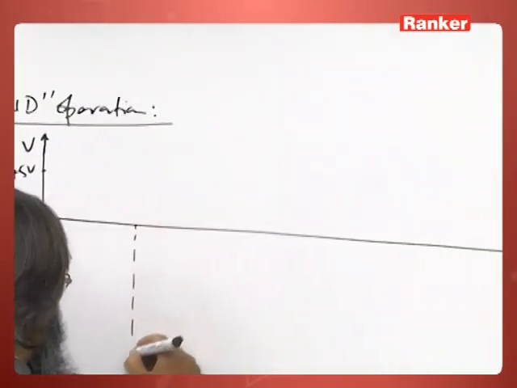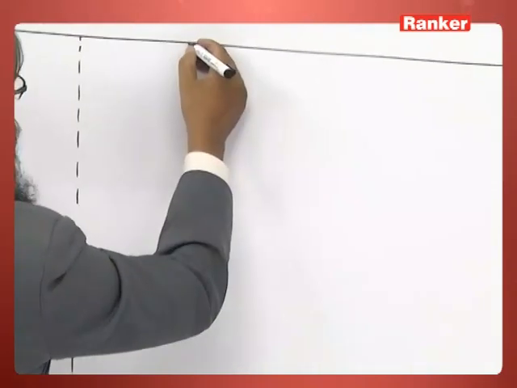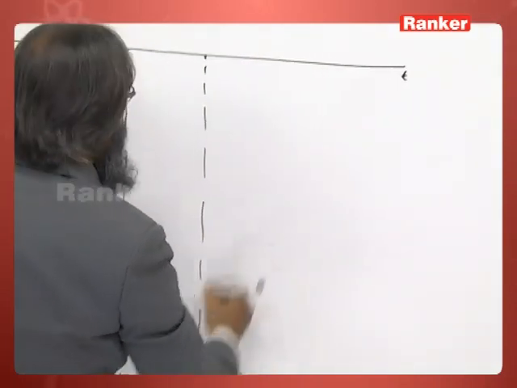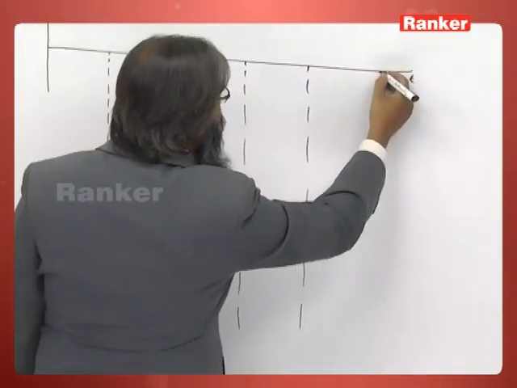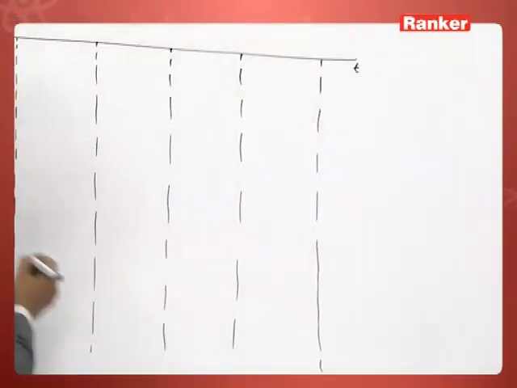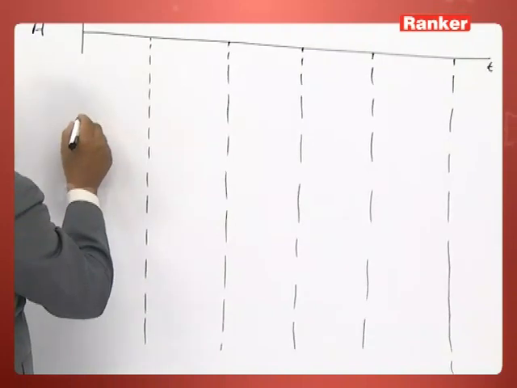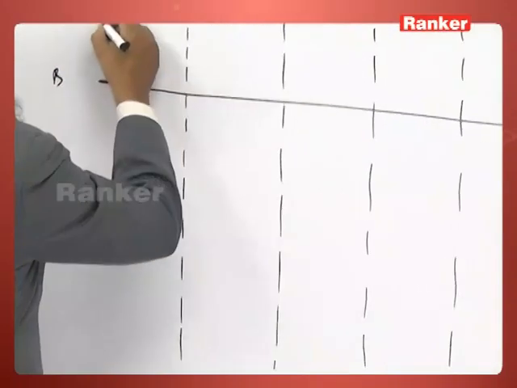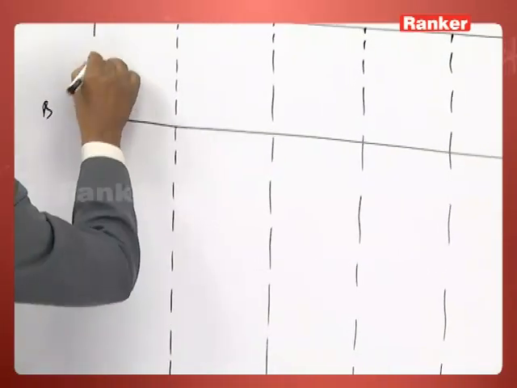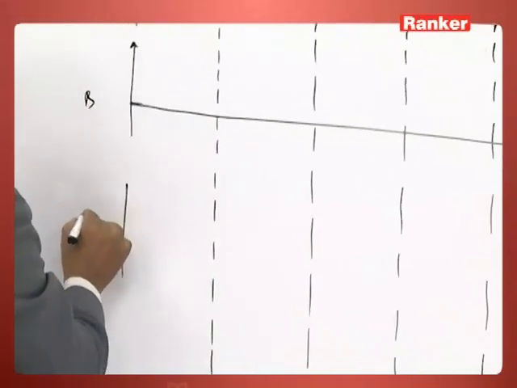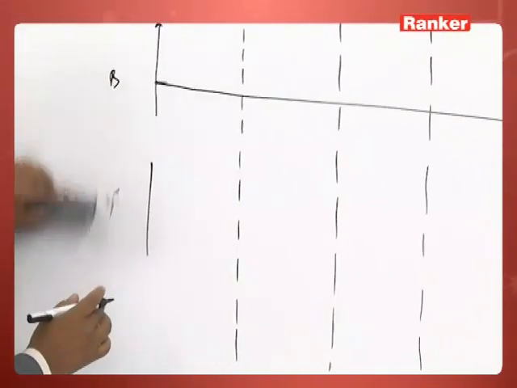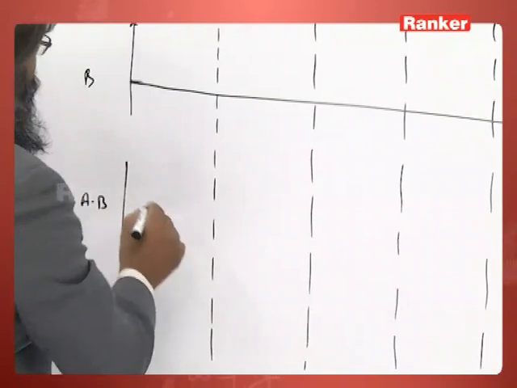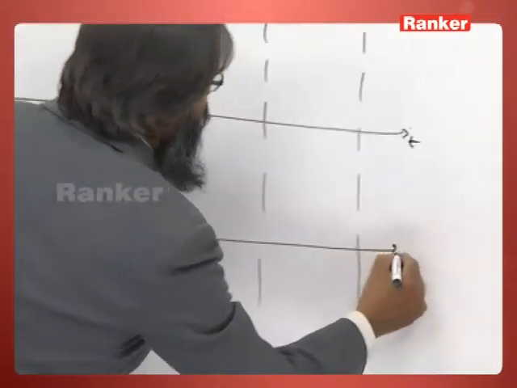So let us consider some equal intervals: this is interval 1, this another one, second, third interval, fourth interval and fifth interval. So A is up to here and we have next B. B is plotted here, and next we are going to plot Y, that is A B, the AND operation, against this time.